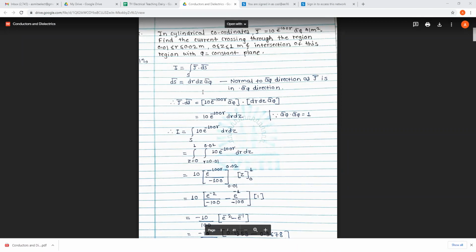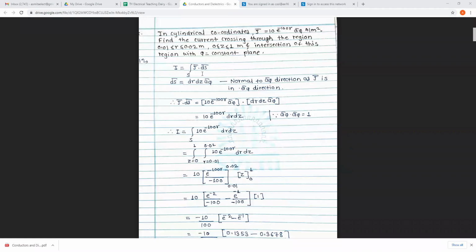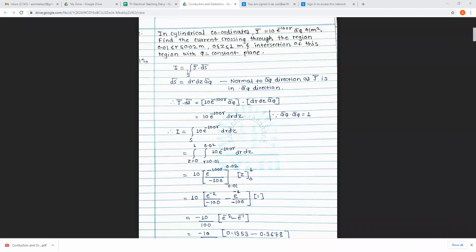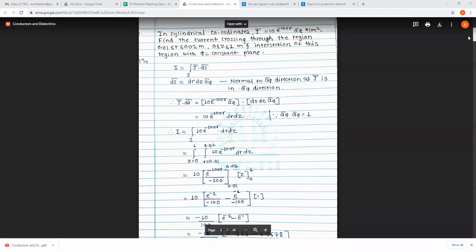So we can write this ds bar as dr for r, the differential length, dz for z, and the unit vector perpendicular to this r and z plane as a bar phi, as is already given in the example. Just find J bar dot ds bar, and from that you can find the current I flowing through the surface.